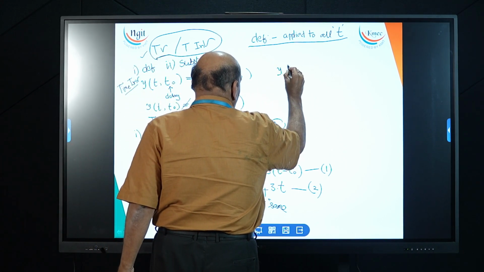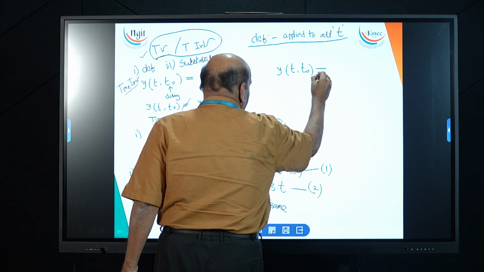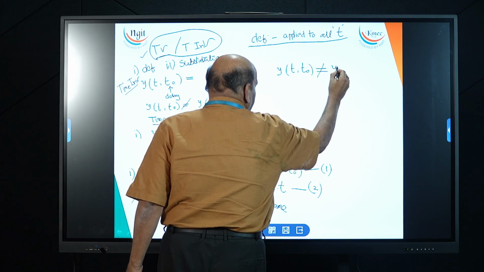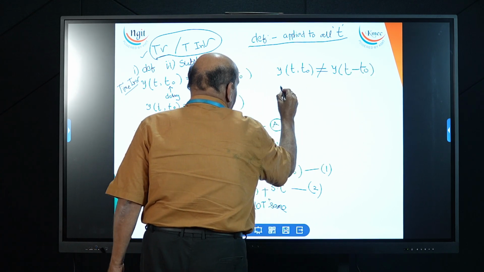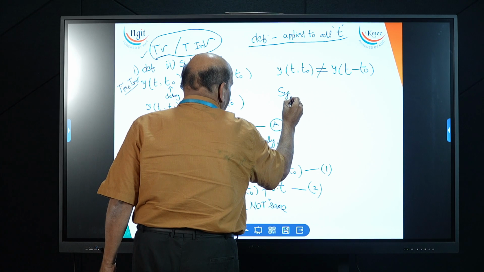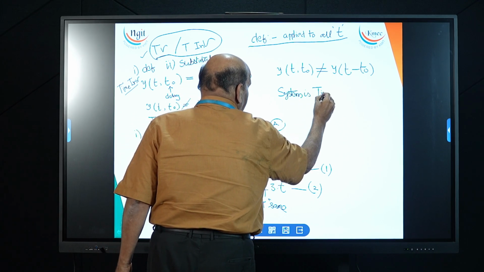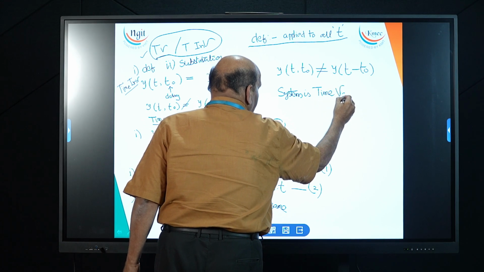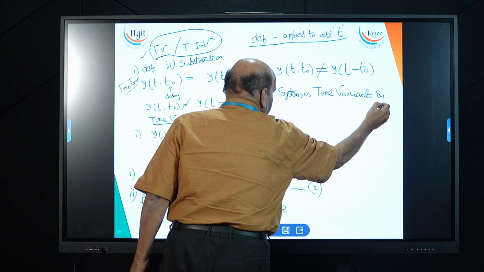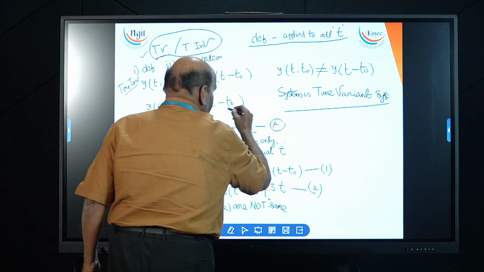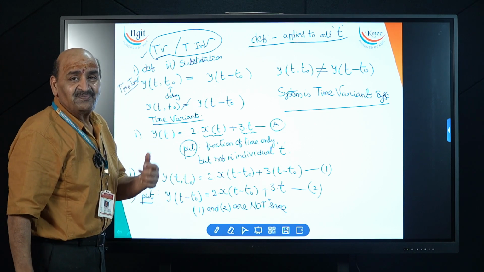That means y of t minus t naught is not equal to y of t minus t naught. Therefore, the system is what? Time variant system. Therefore, the system is a time variant system.